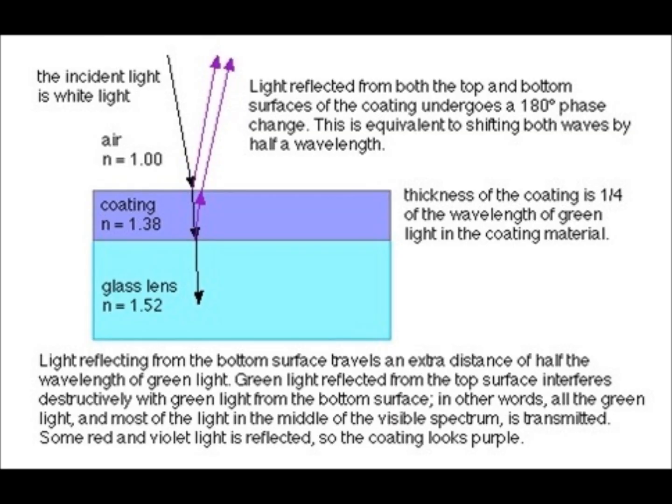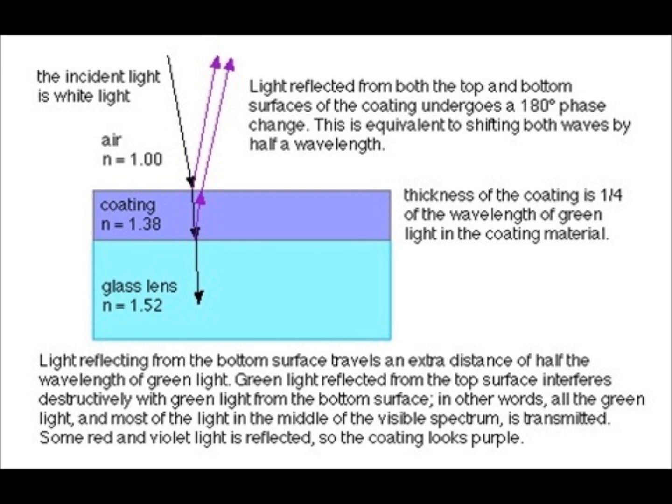Here's a solution. This time, since the index of refraction of the glass is larger than that of the coating, light reflected from both the top and bottom surfaces undergoes a 180-degree phase change. So this is equivalent to shifting both waves by 1/2 a wavelength. Then we need to consider the path length.